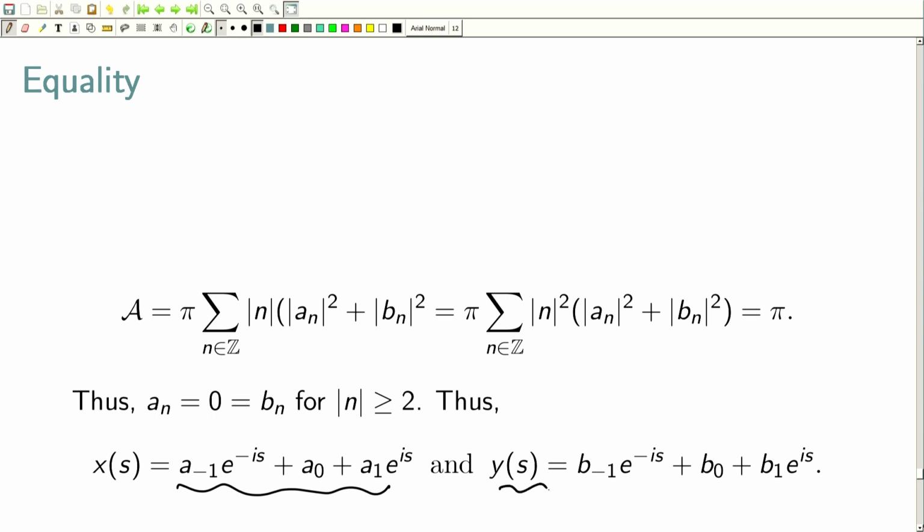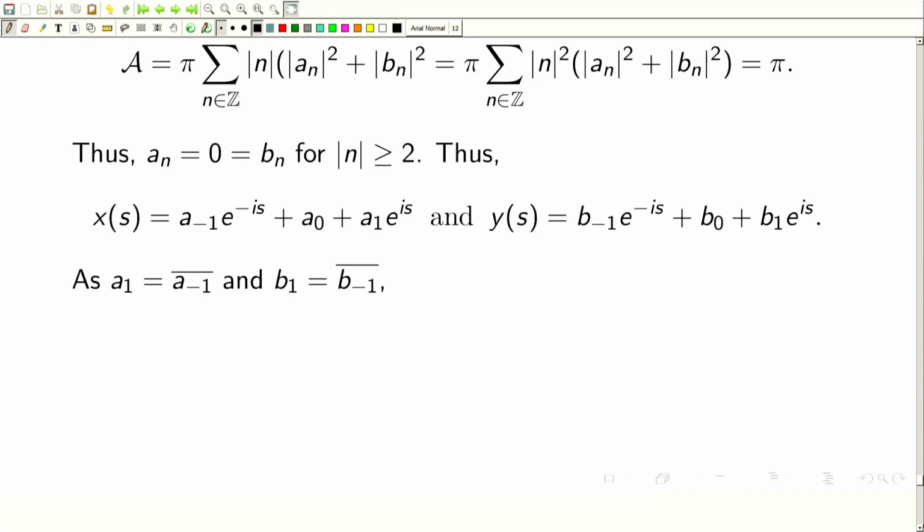Similarly, y(s) will look like b_{-1} e^{-is} + b_0 + b_1 e^{is}. Therefore, as we have already noticed, we have observed that a_1 = \bar{a}_{-1}, because x is a real valued function.